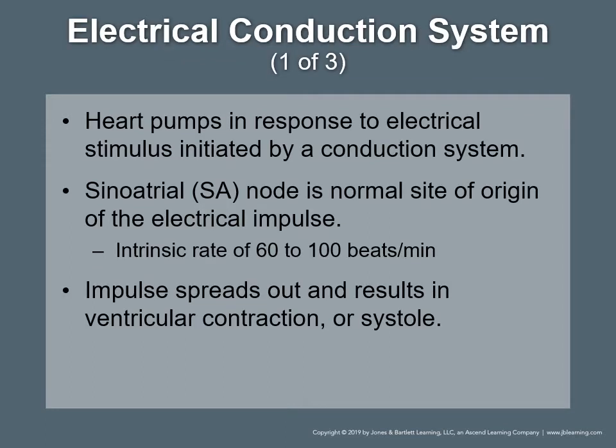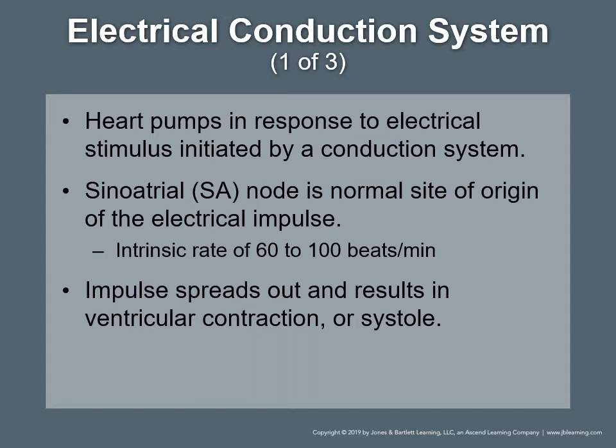The electrical conduction system. The pumping of the heart occurs in response to an electrical stimulus initiated by a conduction system. The sinoatrial or SA node is the normal site of origin of the electrical impulse. It has an intrinsic rate of 60 to 100 beats per minute.